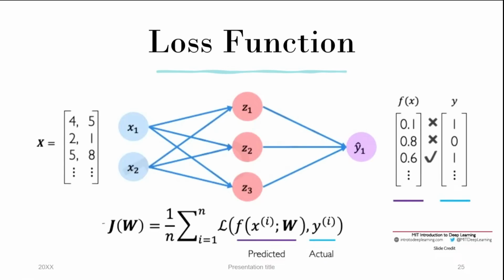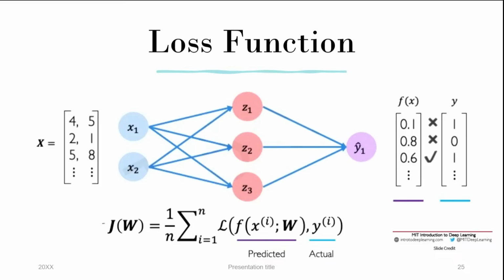Once we give these inputs to our neural network, when we start training, it produces some output. For input 4 and 5, it might give 0.1, but the actual output may be 1. The loss function is, over all the inputs, the deviation between the actual output and the output produced by the model.